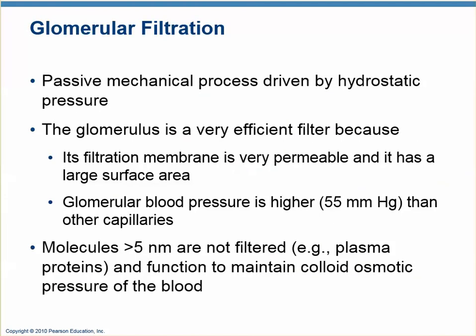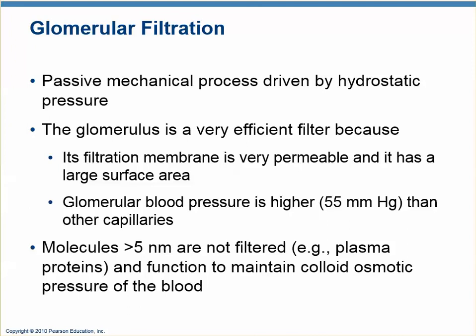So like I said, filtration is passive. It's driven by the pressure differences. It's a filter, so that's why it's called filtration. There's a huge surface area, and there are many glomeruli in each kidney. There's over 1 million in each kidney, so there's a huge amount of surface area.